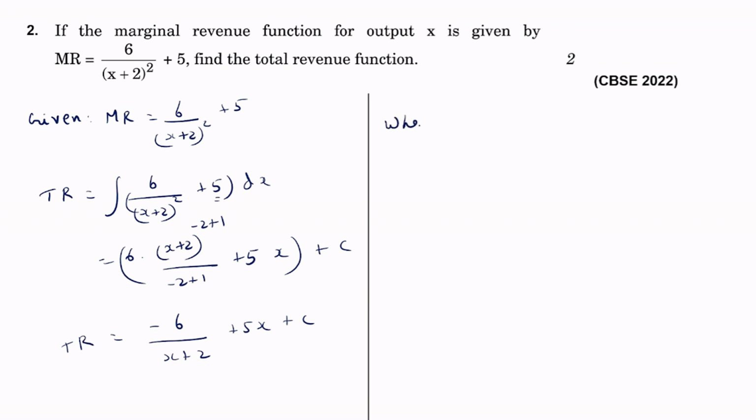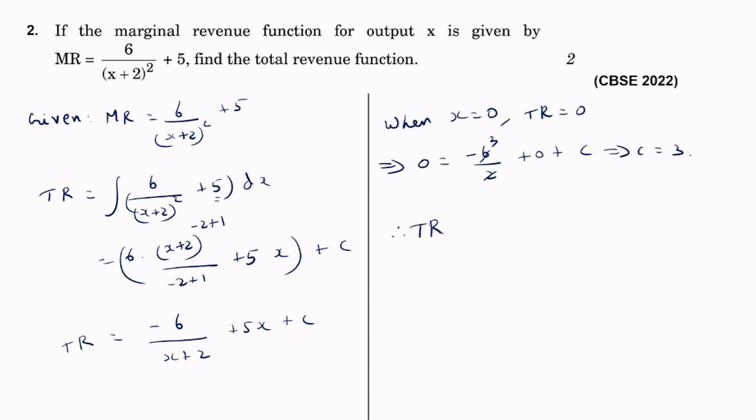Now we know that when the level of output is 0, total revenue equals 0. From this, total revenue is 0 when x is 0. So we have 0 equal to minus 6 by (0 plus 2), it is 2, plus 0 plus c. So from this we get c equal to 3.